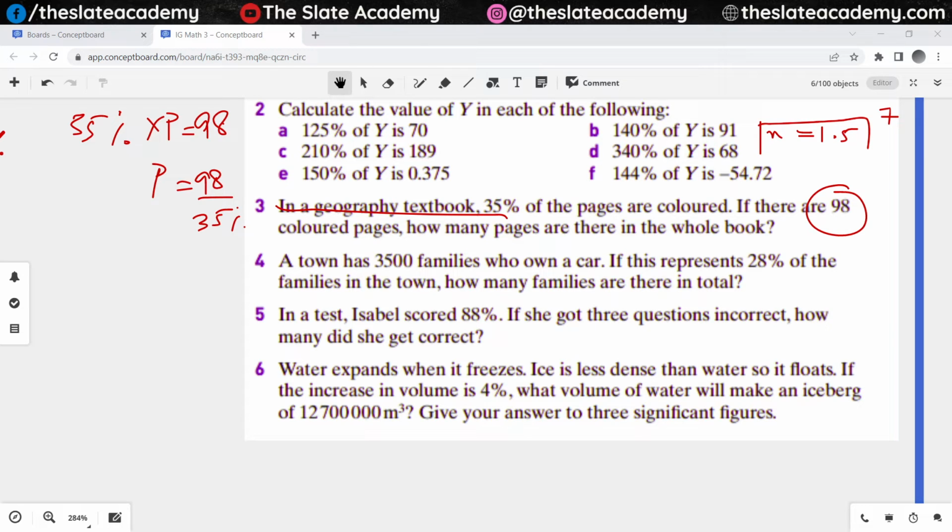Sir Arman, please solve question number 4 and give me the answer. All of you solve question number 4 and give me the answer. What's the answer for question number 3, Sir Arman? Sir Arman, answer to question number 3.